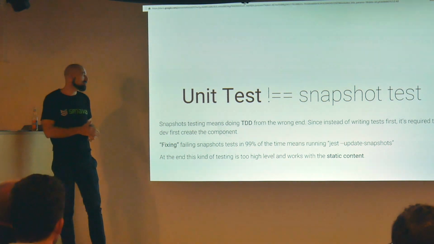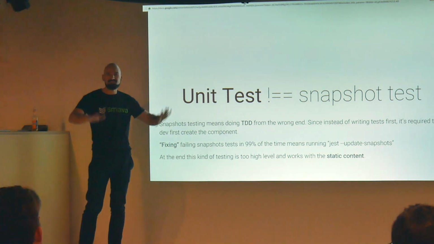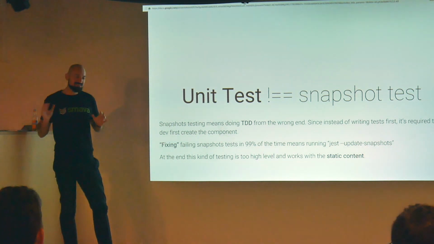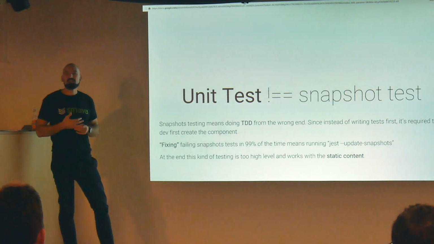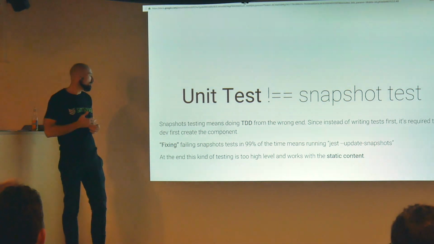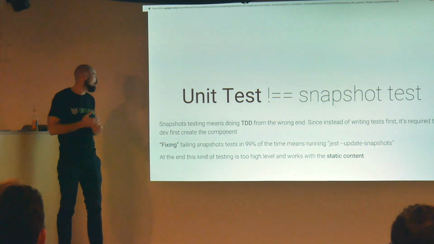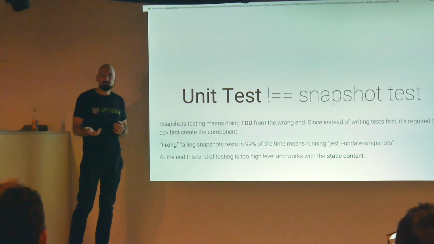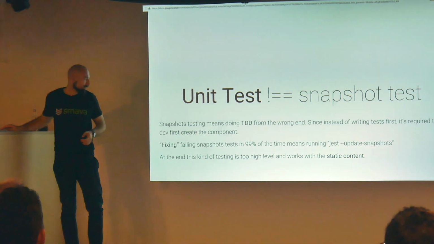They just run update snapshots, and well, everything is good because the new state replaced the old one. And of course that's prone to errors, and it can lead to horrible stuff because then you have a passing test, which is not necessarily good.